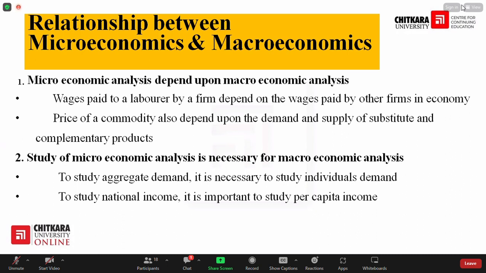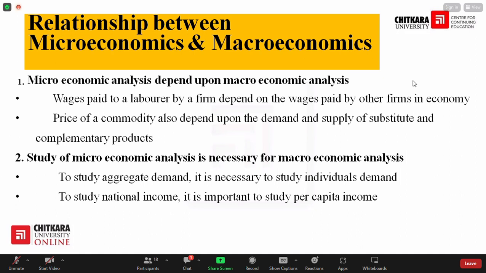Similarly, if you want to set the price of a single commodity, first you will see what my competitors are providing and at what price they are providing the product. Suppose you want to sell a shampoo in the market. First, you will see how many competitors we have in the shampoo market, who your competitors are, and what their price level is. And according to that, you will fix your price level. Fine.